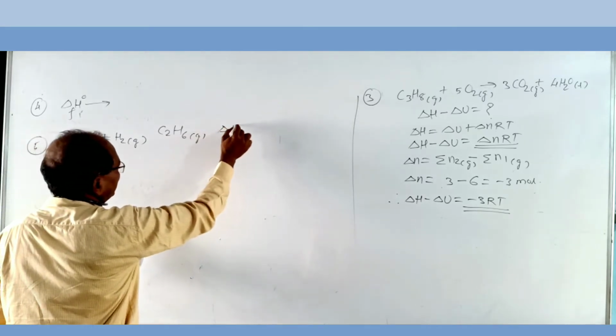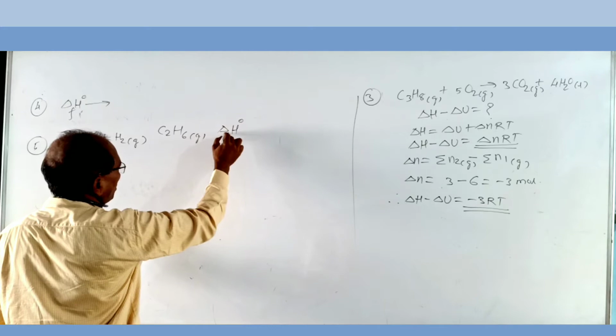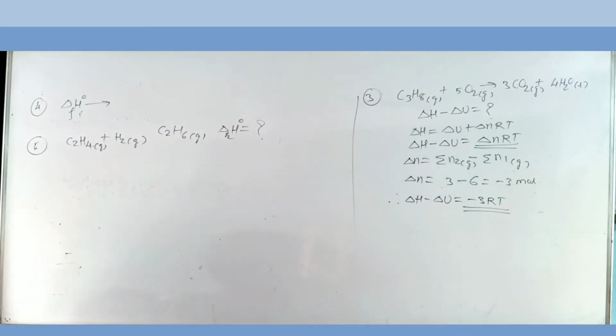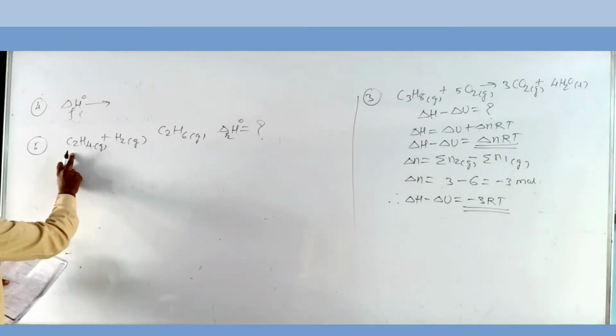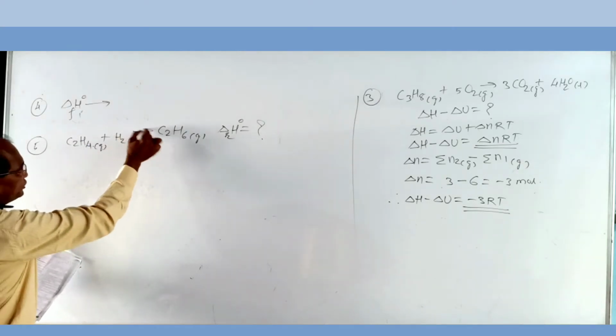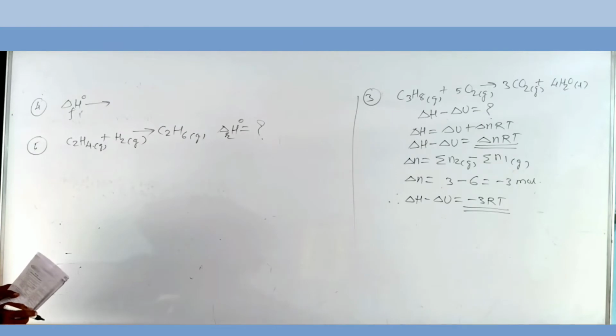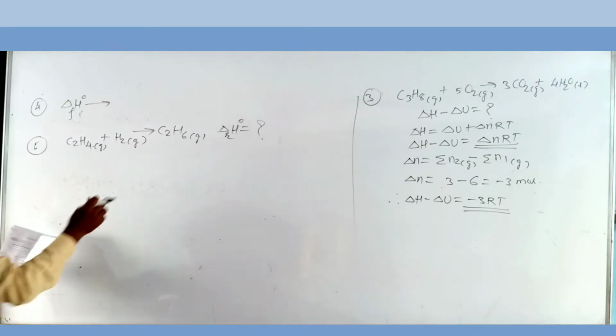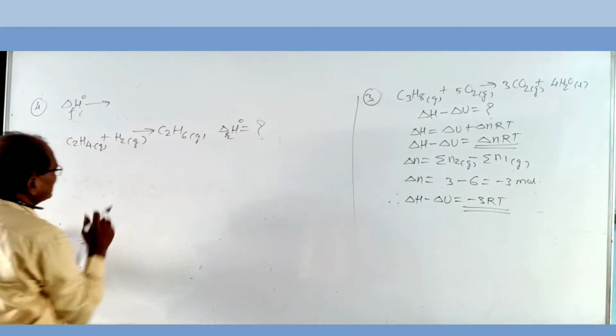What is delta H0 of this hydrogenation of ethylene reaction? Ethylene takes up hydrogen, forming C2H6, that is ethane. What is the delta H0 of this reaction?